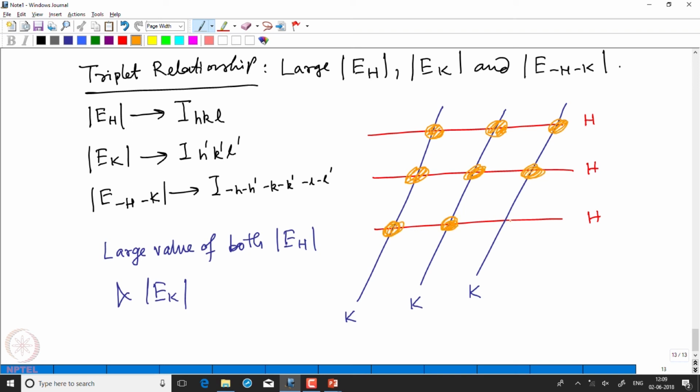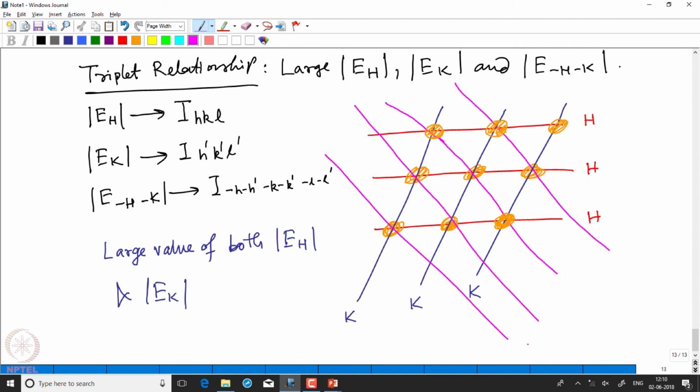Or the electron density should be very high, because we are saying that both the EH and EK have very high magnitude of structure factor amplitude, that is, the scattering is very high in those two planes. So the plane which actually bisects these two planes, I am drawing it in a different color for easy understanding. The planes which are now marked in purple are passing through the points of intersections of these planes.